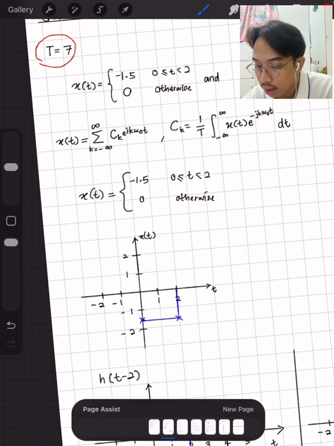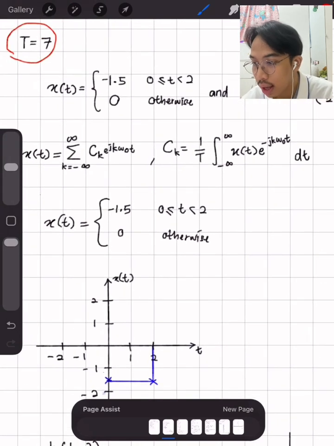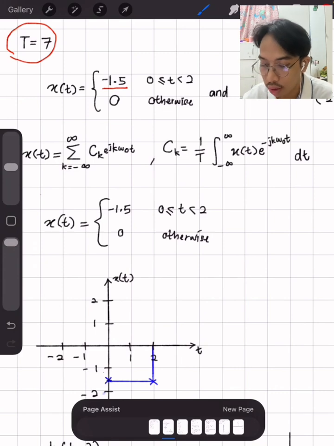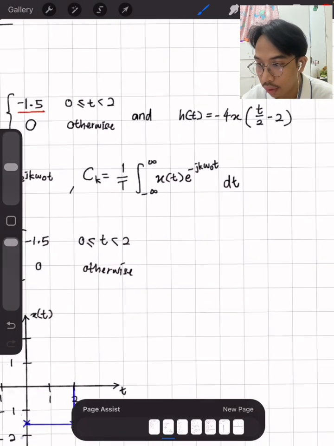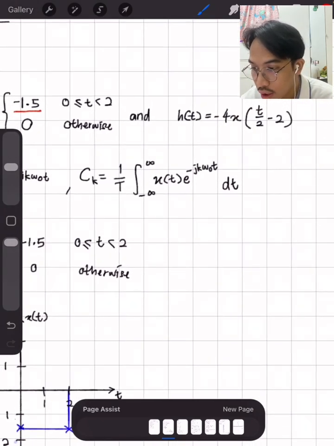The signal x(t) is defined as negative 1.5 for the limit 0 to 2, and 0 otherwise. And h(t) is negative 4 times x(t over 2 minus 2).